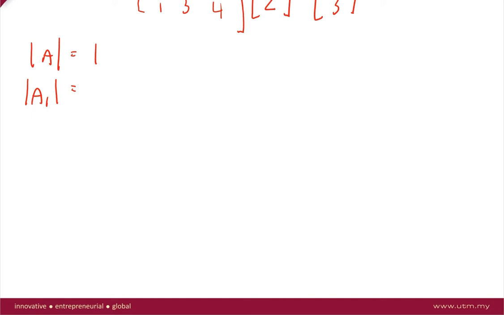To find it, you replace matrix B into the first column. To find A2, you replace matrix B into the second column. To find A3, you replace matrix B into the third column.